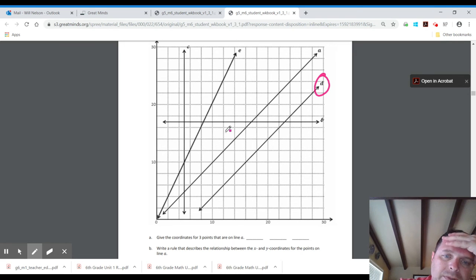So 12 is right here. And 6, this would be 8. 6 would be right here. So it wants us to find out what the y would be. Looks like y for this one, for 6, is 0.